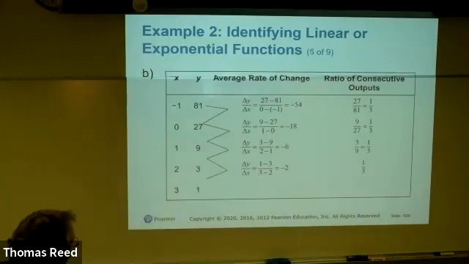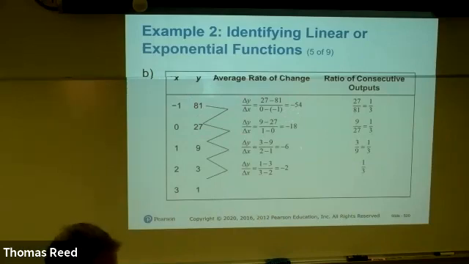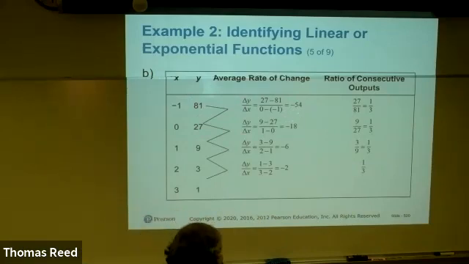Now, in the second case, we look at the average rate of change. The first average rate of change is -54, and then it's -18, and then it's -6, and then it's -2. Well, the average rate of change isn't the same each time, so that means it's not linear. And now we look at the ratios of the consecutive outputs, the next divided by the former.